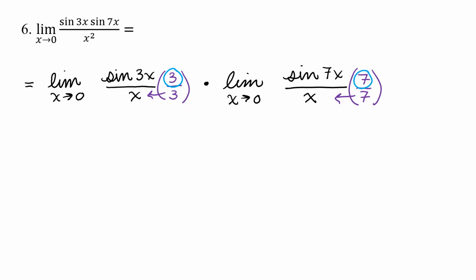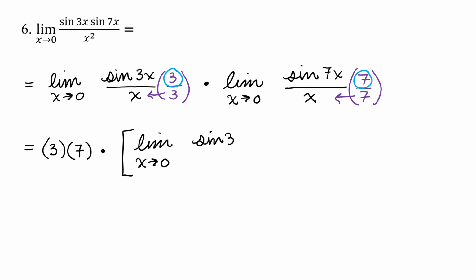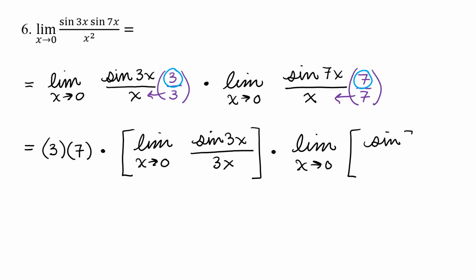Since we don't have any leftover variables, we can just pull out our leftover constants. So that's 3 times 7 times the limit as x approaches 0 of sine of 3x over 3x times the limit as x approaches 0 of sine of 7x over 7x.